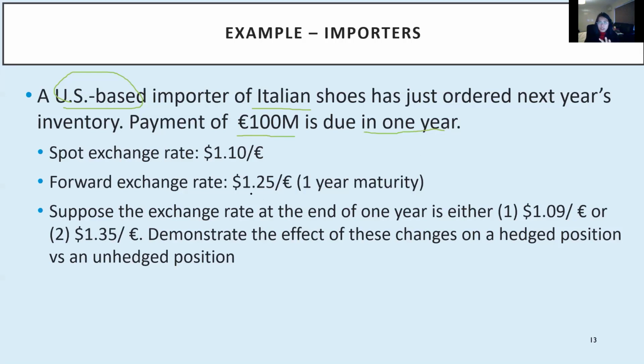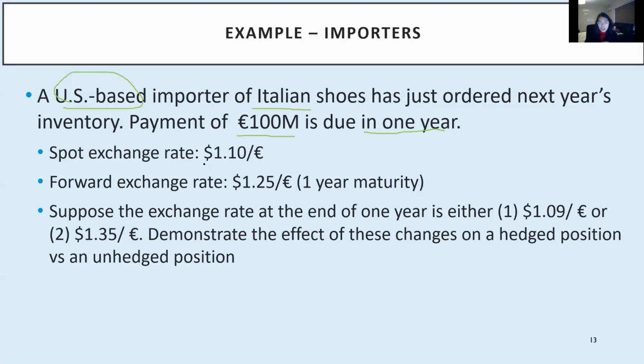I'm going to do the same exact analysis. I'm going to have two positions, one hedged and one unhedged, and I'm going to analyze how these positions look when the market exchange rate moves in the future.